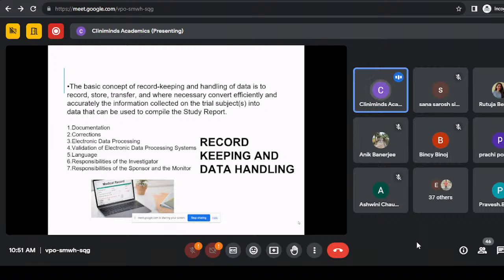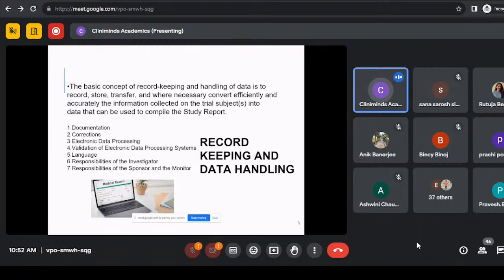Okay, so here, what they have to do is have a proper SOP for it. The SOP should contain the checklist.